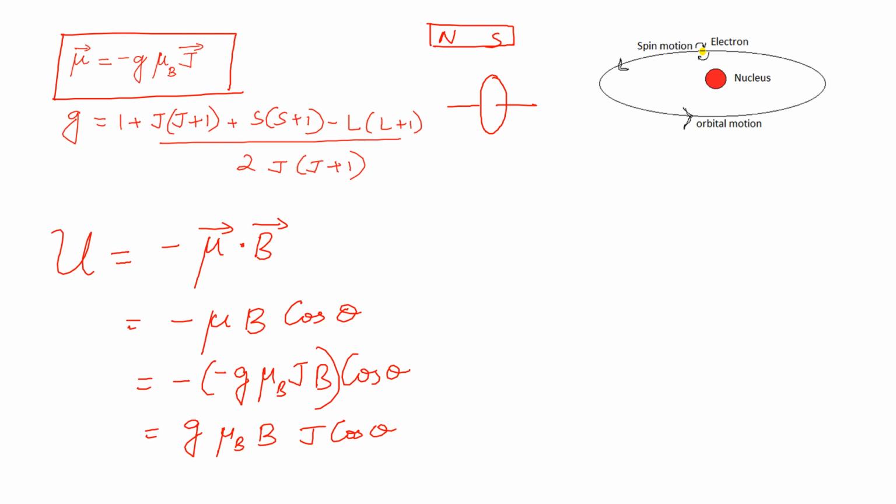If this type of atomic dipole is kept in an external magnetic field of intensity B, then the potential energy is given by the well-known expression for a magnetic dipole in an external field: U equal to minus mu dot B. Replacing mu with minus g mu B times J, we get U equal to minus of minus g mu B times B J cos theta.